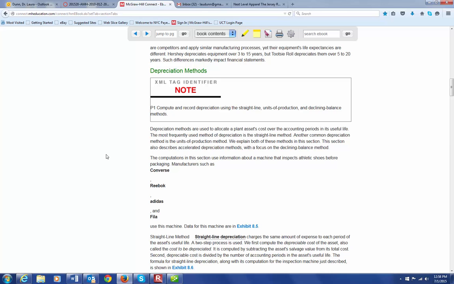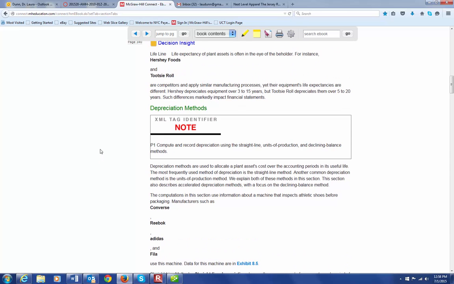So the next step becomes, okay, you know what your cost is, you know what your salvage value is, you know what the useful life is, but what method are you going to use to depreciate these items? So we're going to learn in this textbook these types of methods: the straight line method, which is definitely the simplest, the units of production method, and the declining balance method.